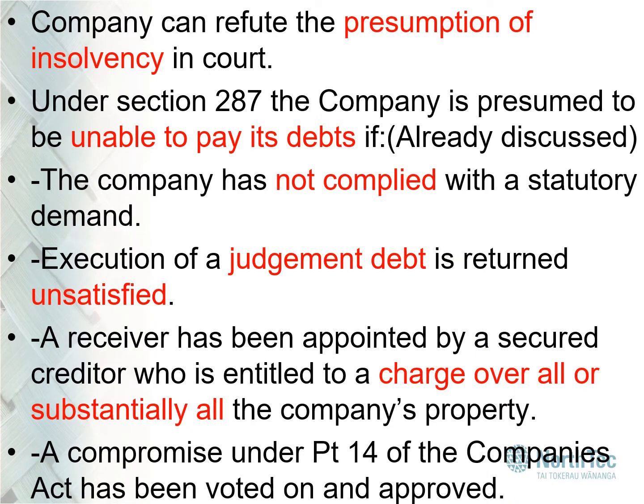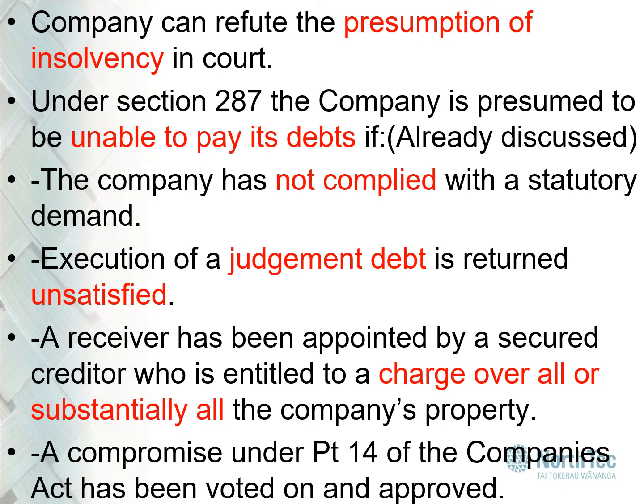A company can refute the presumption of insolvency in the court. Under Section 287, the company is presumed to be unable to pay its debts if, and we've already discussed this, the company has not complied with a statutory demand. That's basically usually how it all starts.